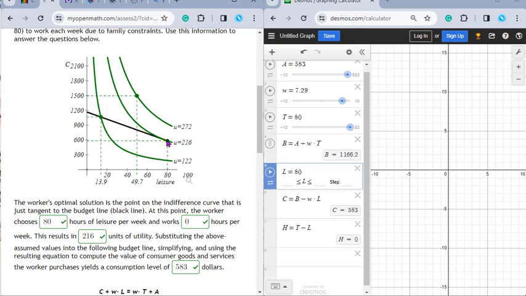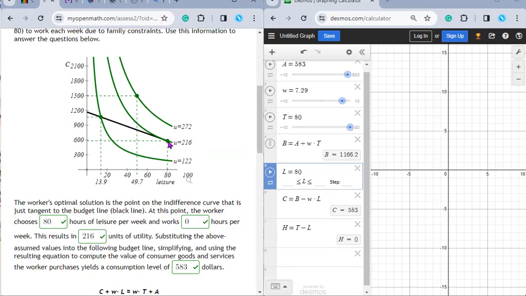And so when you drop down vertically and then go to the right to the curve, you get that person getting a little bit more leisure, but not giving up very much consumption. As opposed to here, a huge drop in consumption to get a little more leisure. And that's because leisure is not scarce here and consumer goods are super abundant.